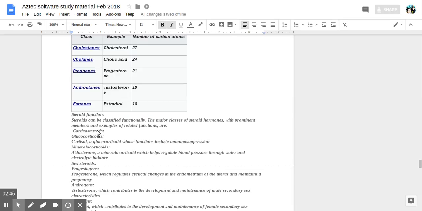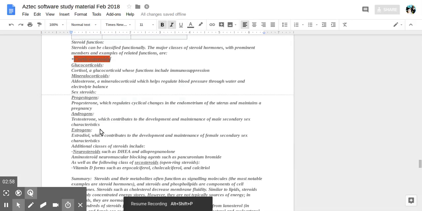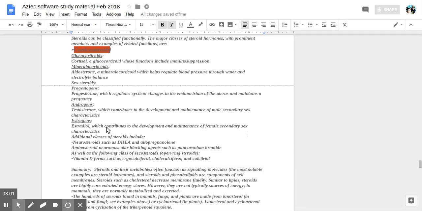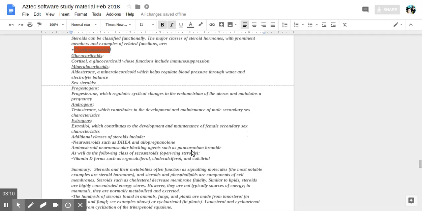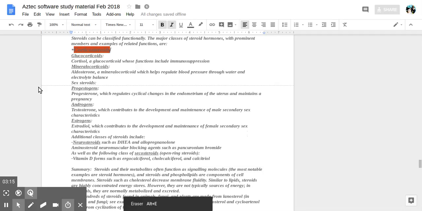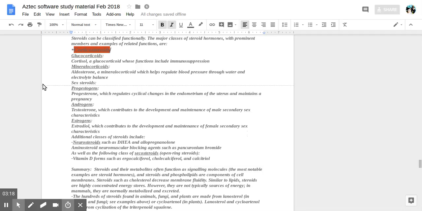So corticosteroids: glucocorticoids are, for example, cortisol, whose function is immunosuppression.